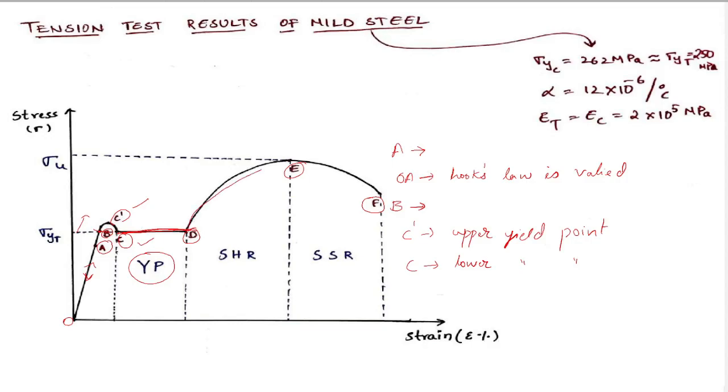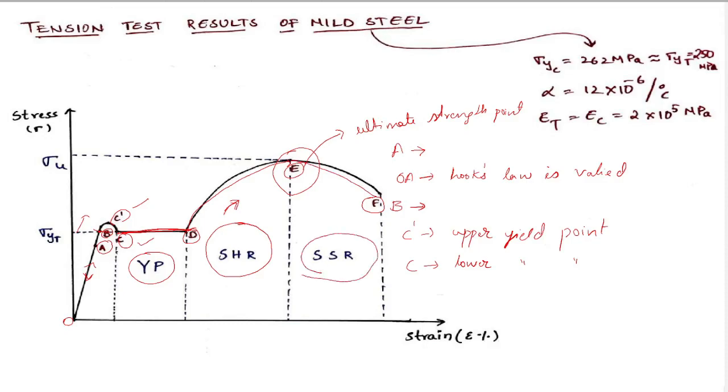This region DE is known as the strain hardening region. In this case, the metal gains strength, and its strength increases continuously up to a certain point, which is known as the ultimate strength point. After E to F is known as the strain softening region or necking region.